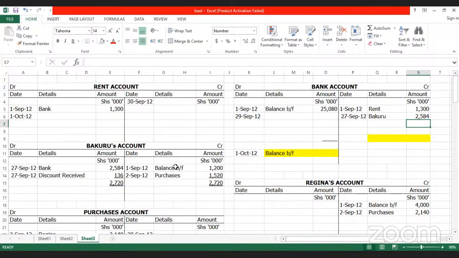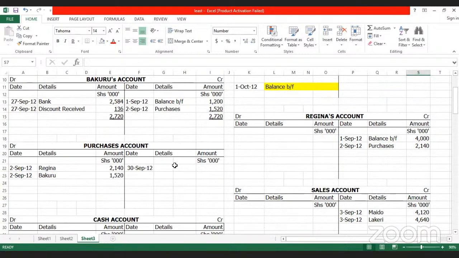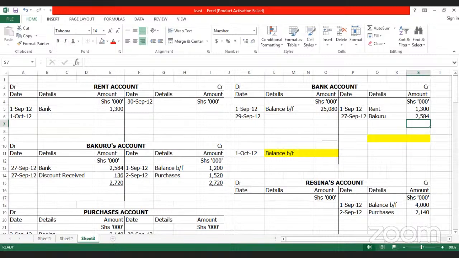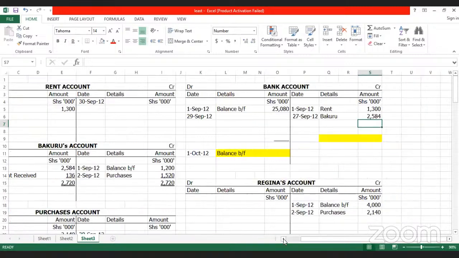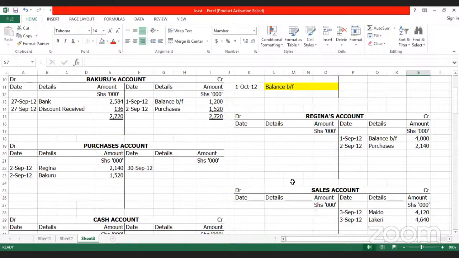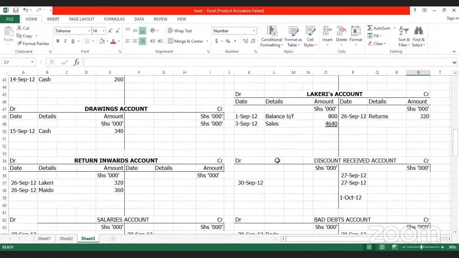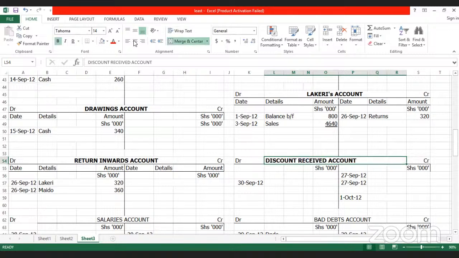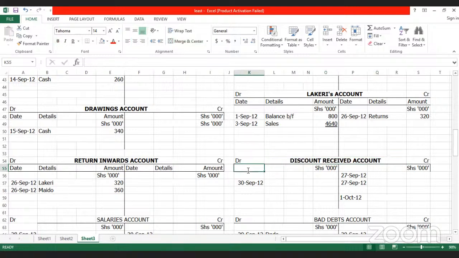And then I have to complete double entry for the discount received. So we need a discount received account as well. Prepare the discount received account and complete double entry. Discount received account is an income account, so it increases with a credit entry.